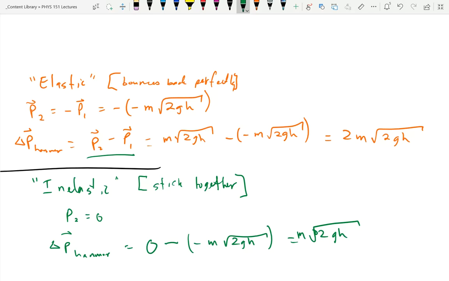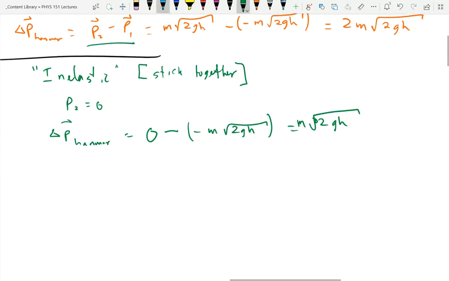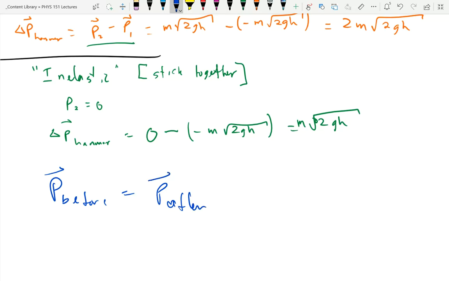Clearly, one's pushing on the other, but we're looking at external forces, and the external forces are really going to be small because the instant before the collision, there was no side-to-side friction acting on the block. The instant after the collision, there will be, but during the collision, there essentially is not. So momentum is conserved during the collision, which means that in both cases, momentum before is equal to momentum after. And that's immediately before versus immediately after.